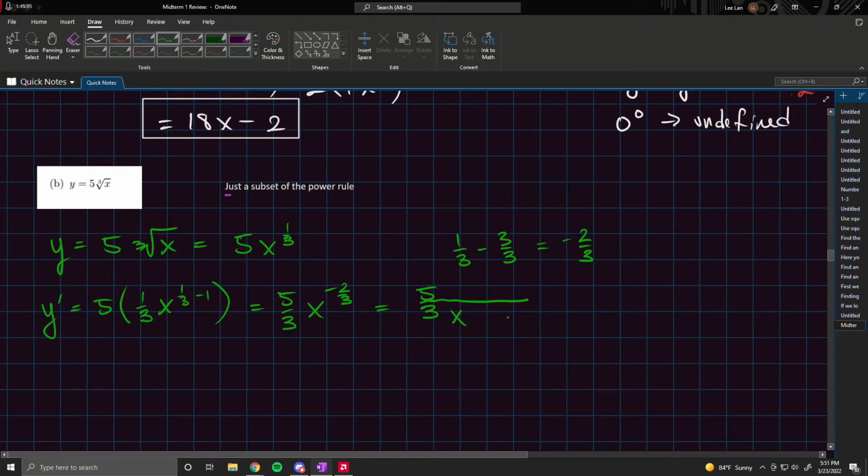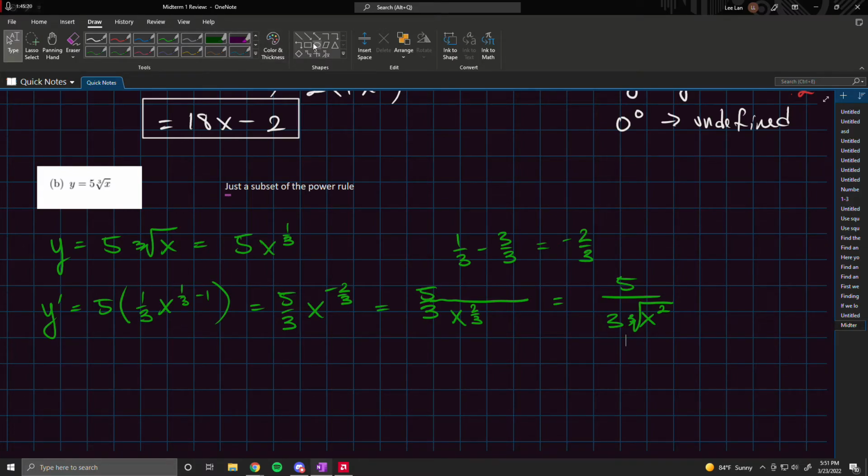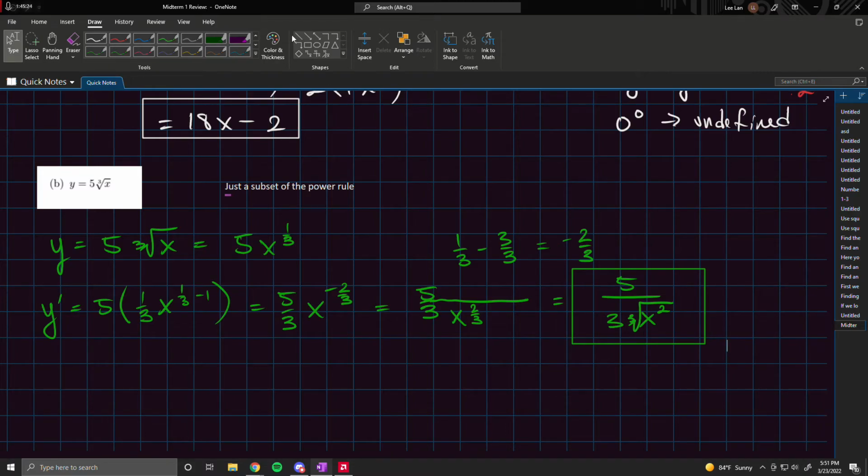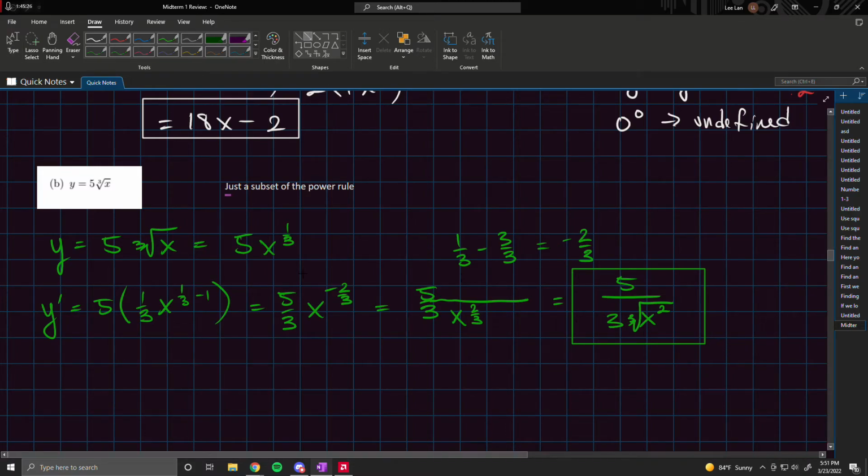That's 5/3. Okay, so since it's negative, I can bring it down to the denominator, x to the 2/3. And then I can rewrite this as 3 times the cube root of x squared. I think this is probably the preferred answer. Technically you're done with the calculus here, right? 5/3 x to the negative 2/3.